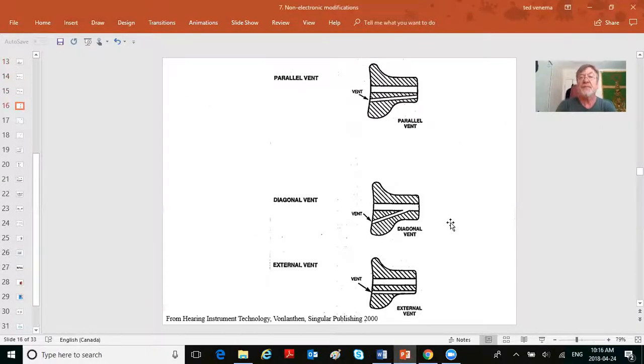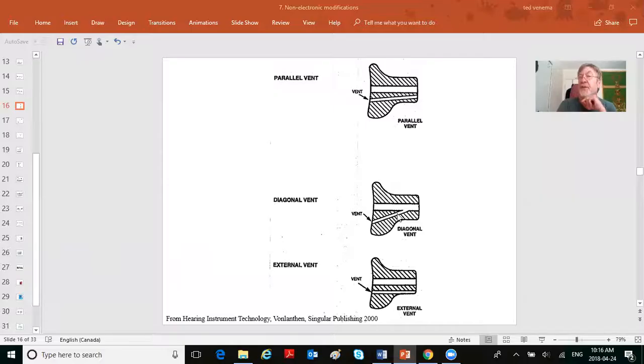Selective vent. Now, how do people make vents in hearing aids? Well, the top one is the best. If you're having an ear mold, see how that's a parallel vent? That's a good vent. Those are the best ones. If I share screen and show you a lousier one, a diagonal vent, those aren't very good.